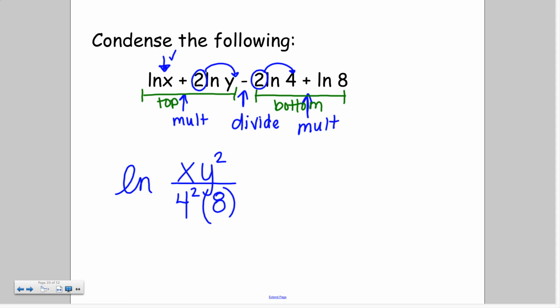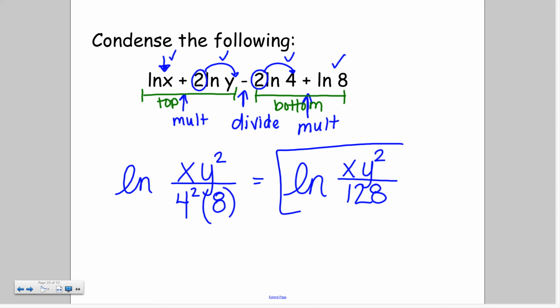Let's go ahead and simplify it. So the ln, we can't simplify xy squared, but 4 squared is 16, and then 16 times 8 is equal to 128. And we have got it simplified. Okay, now I want you to take, and you need to watch this as many times as you need to get your notes, to get more understanding of it. And then practice it, and then we will move on.